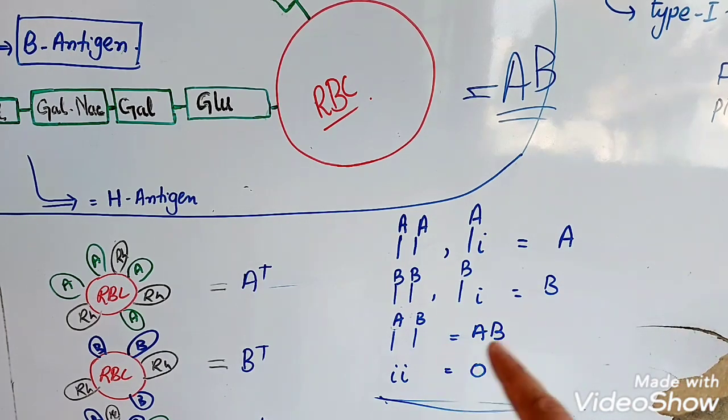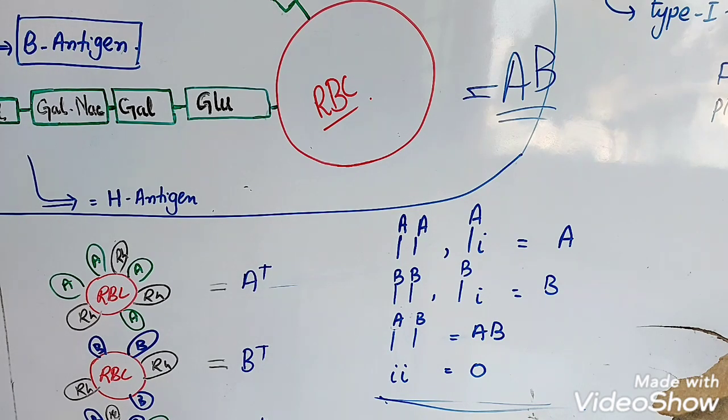And the third one I already explained. And this one, O antigen, how will the O antigen be produced? The person is not producing either transferase A or transferase B, and the person's blood will have only H antigen. How the H antigen? Look guys, H antigen means that chain of oligosaccharide plus fucose. But further modification of H antigen is not taking place.